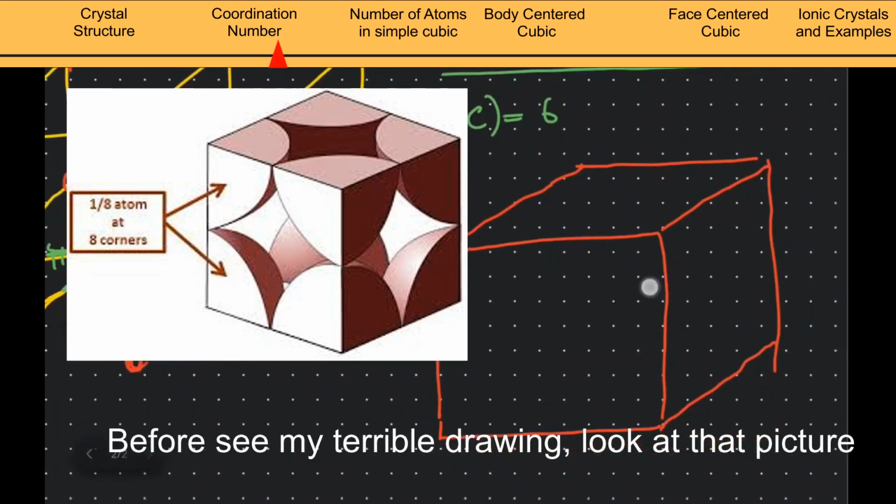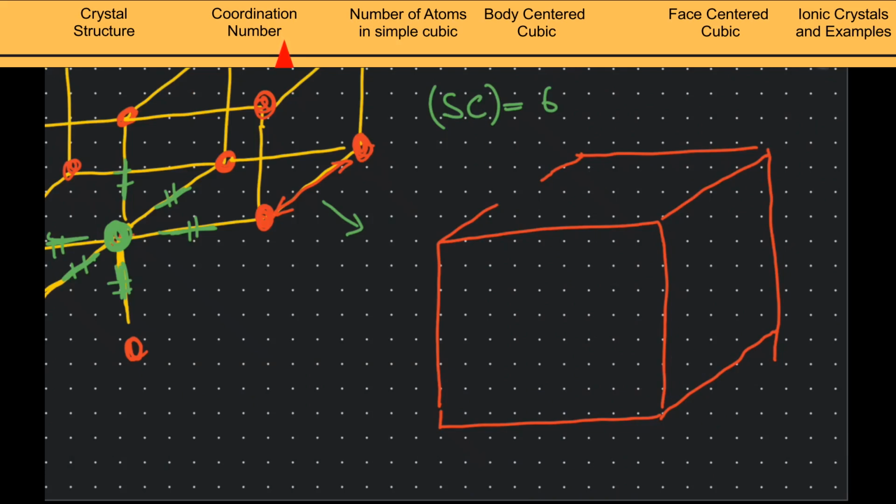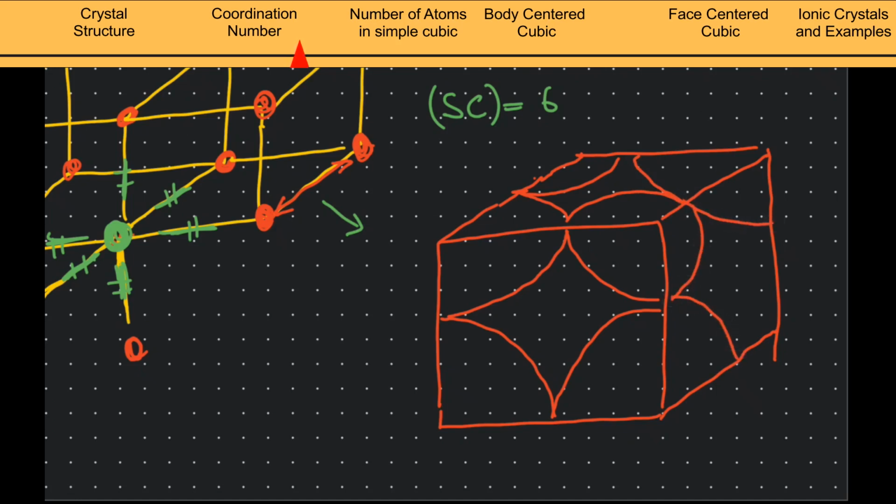We have a unit cell and the atoms are at the corners, but each corner has 1/8 of the atom. So this is the closed packing structure of our simple cubic.